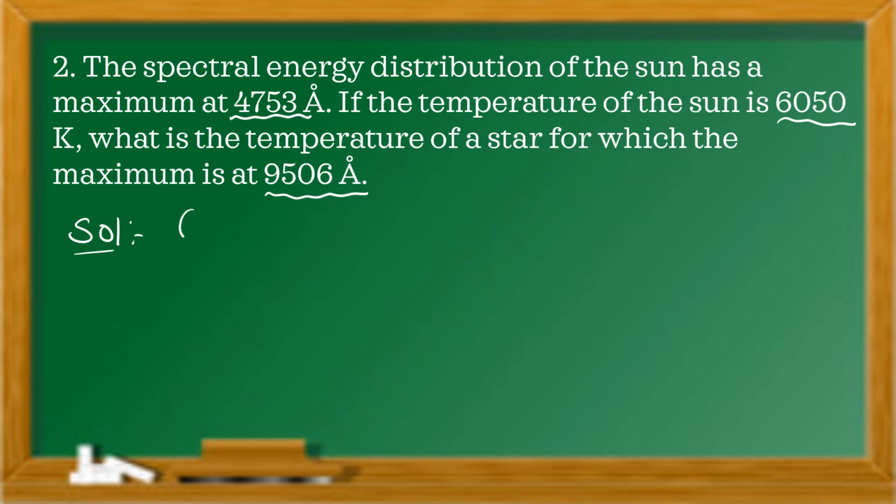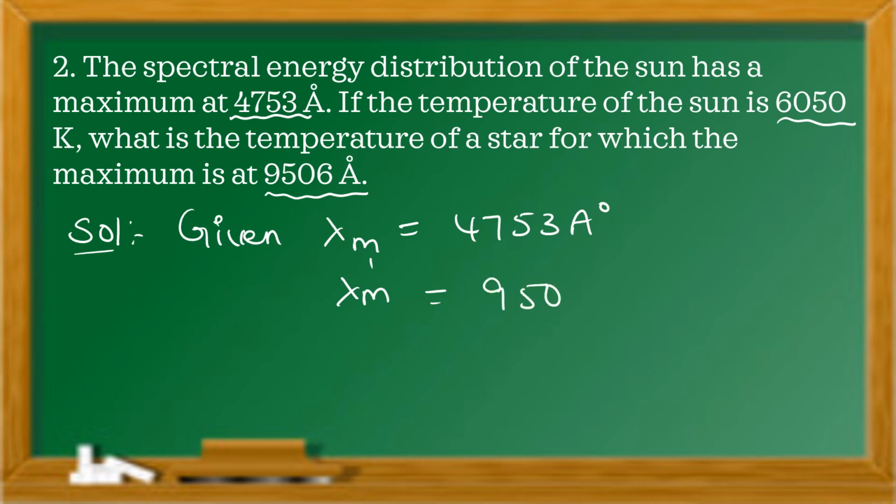Given lambda m is equal to 4753 Angstroms, and lambda dash m is equal to 9506 Angstroms. The temperature given is 6050 kelvins, and T dash is equal to question mark.